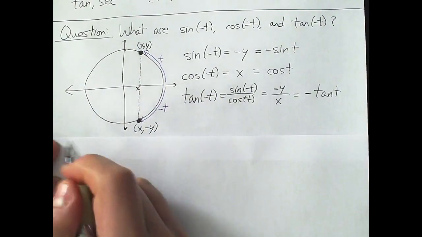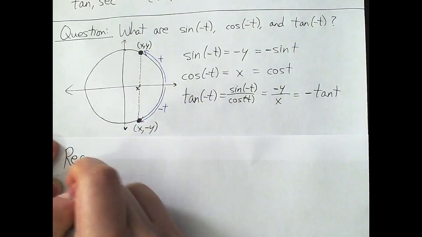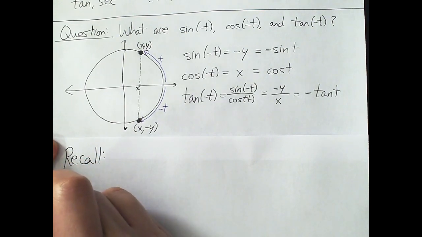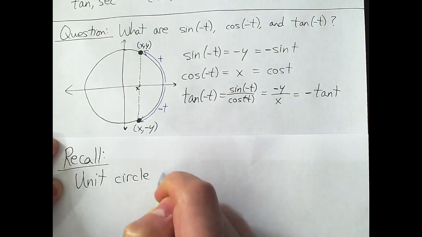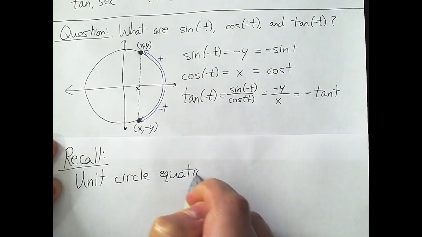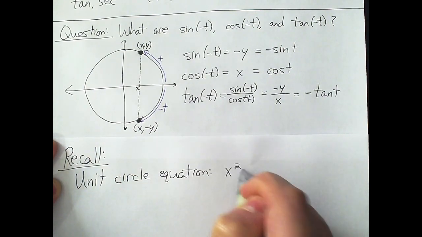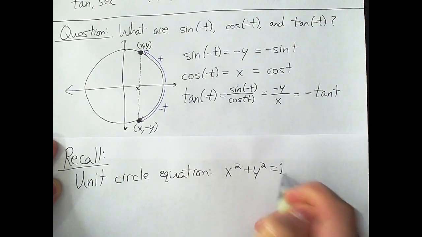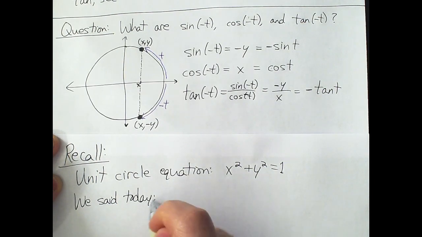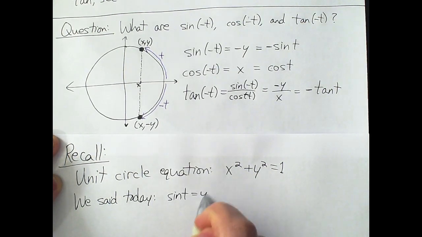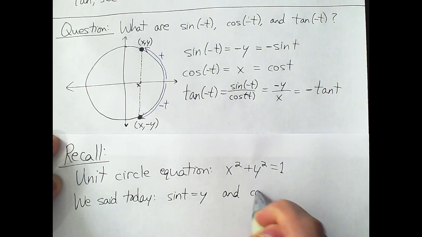I'll show you another one. Recall the unit circle equation: x squared plus y squared equals 1. That was in the previous lesson. Now, we said today that sine of t equals y and cosine of t equals x.